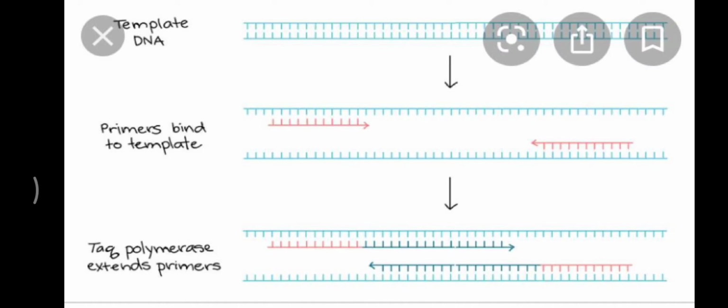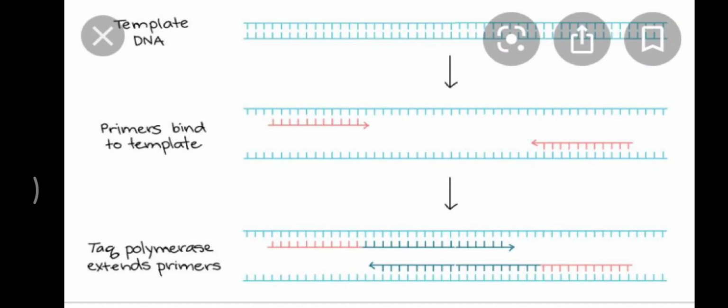Now next, you need to learn about the steps that are involved in polymerase chain reaction. There are 3 steps involved, that is denaturation, annealing and primer extension.